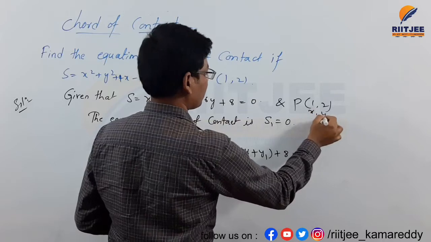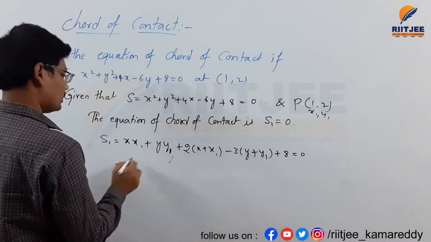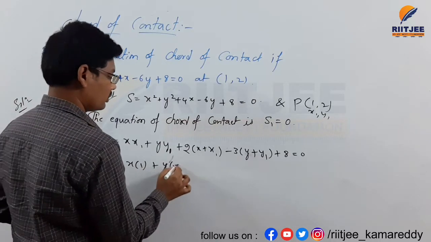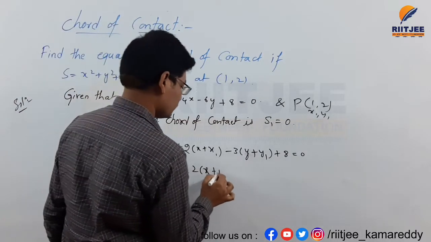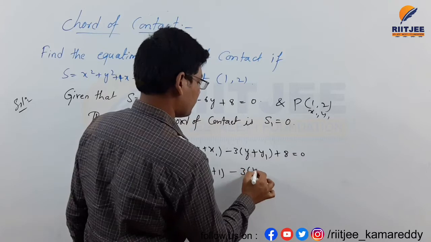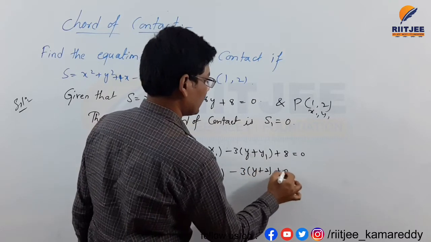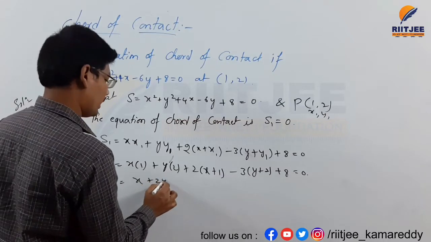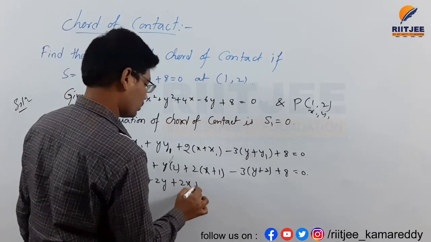Let's substitute these x1 and y1 values in this expression. You will get x of 1 plus y of 2 plus 2 of x plus 1 minus 3 of y plus 2 plus 8 equals 0.